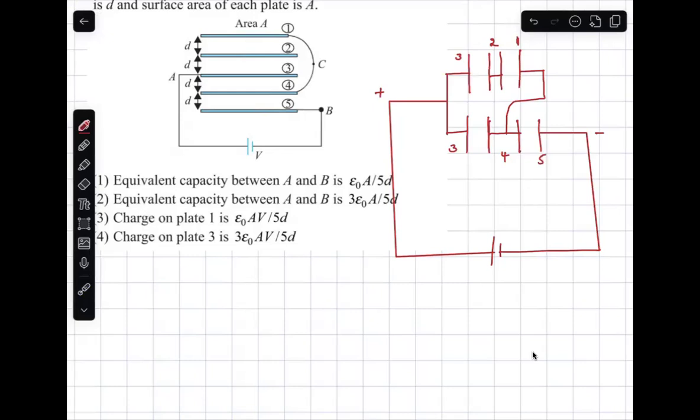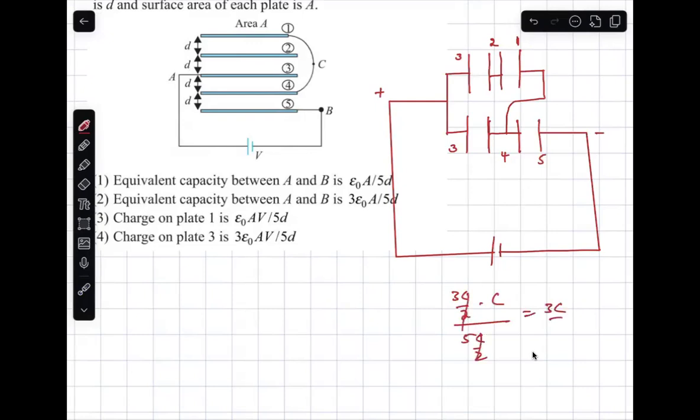Equivalent capacity is, just please roughly tell me, C by 2 C series. C by 2 C series. No, C by 2 C parallel. What is that? 3C by 2, C series. What is the equivalent? 3C by 2. Now 3C by 2 into C by 5C by 2.